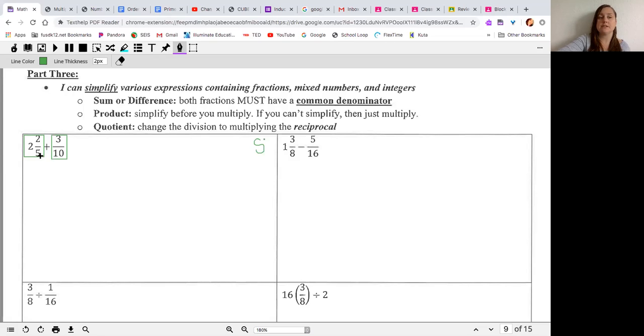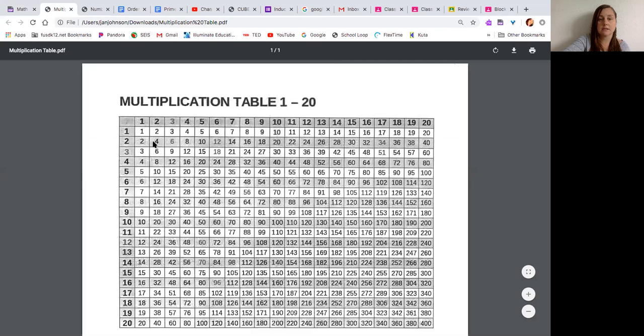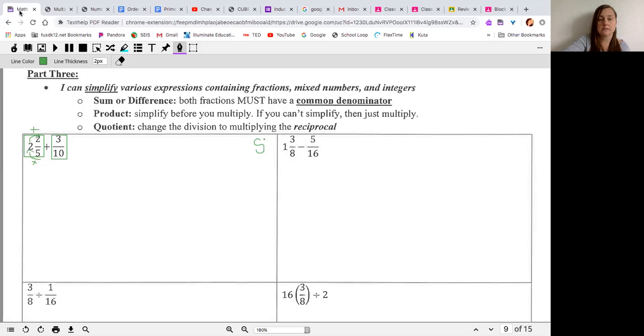The first thing I want to do is convert the mixed number to an improper fraction. Okay? We multiply the denominator by the whole number, and then we add that answer to the numerator. Okay, 2 times 5 is 10. So I'll write that over here. 2 times 5 is 10.